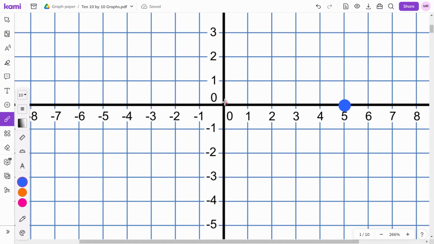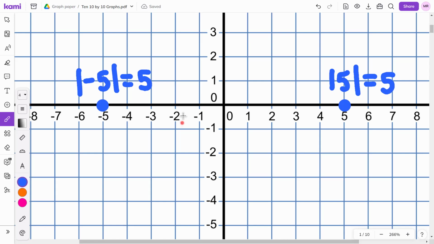But if I'm over here at -5, -5 is also 5 away from 0. So the absolute value of -5 is equal to 5. When you take the absolute value of a positive number or a negative number, you're always going to end up with a positive result.